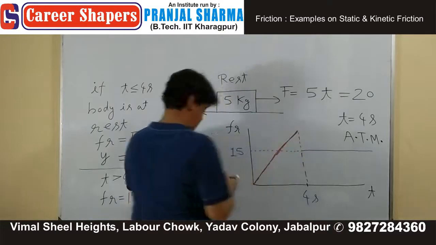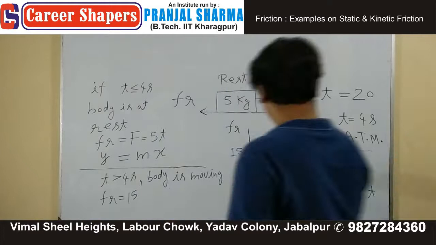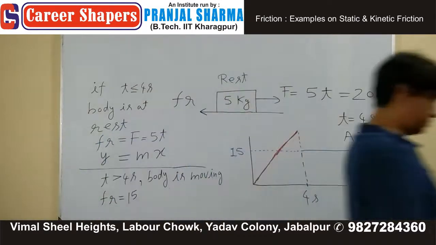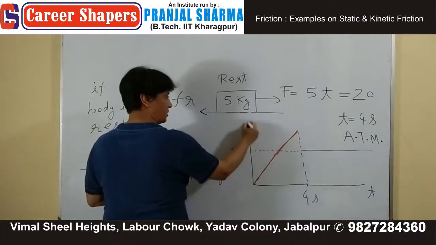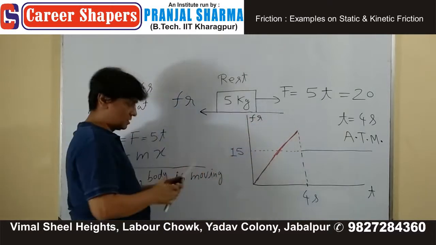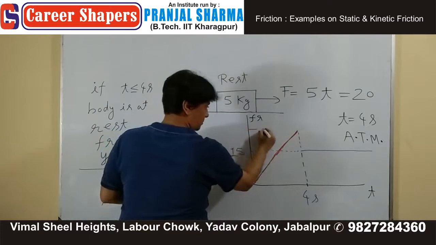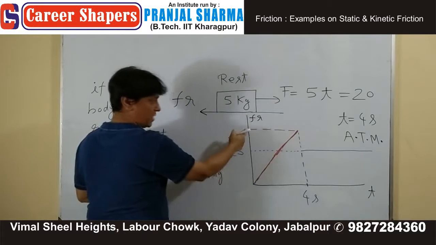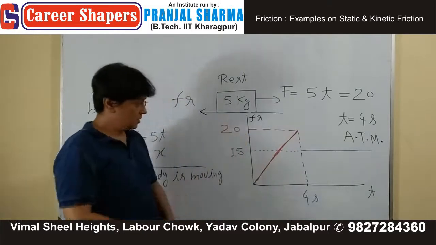You can see this graph. This is the graph, and in this graph, this is Fr. Corresponding value at the peak of the graph right here is what? 20.